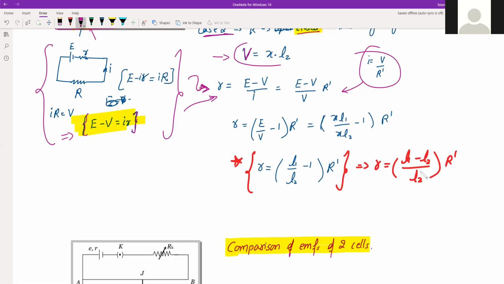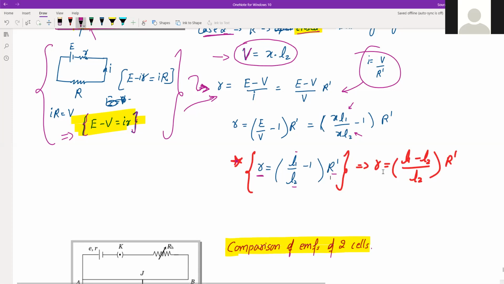So we apply V is equal to XL2 and E is equal to XL1, so we did these two substitutions, and then we have this final relation between the unknown resistance R, L1, L2, and the resistance box which we are using here.